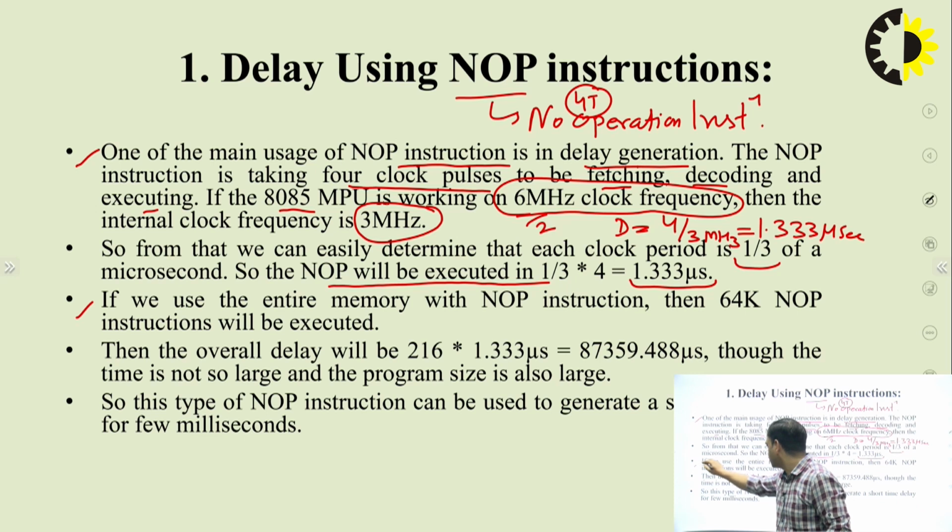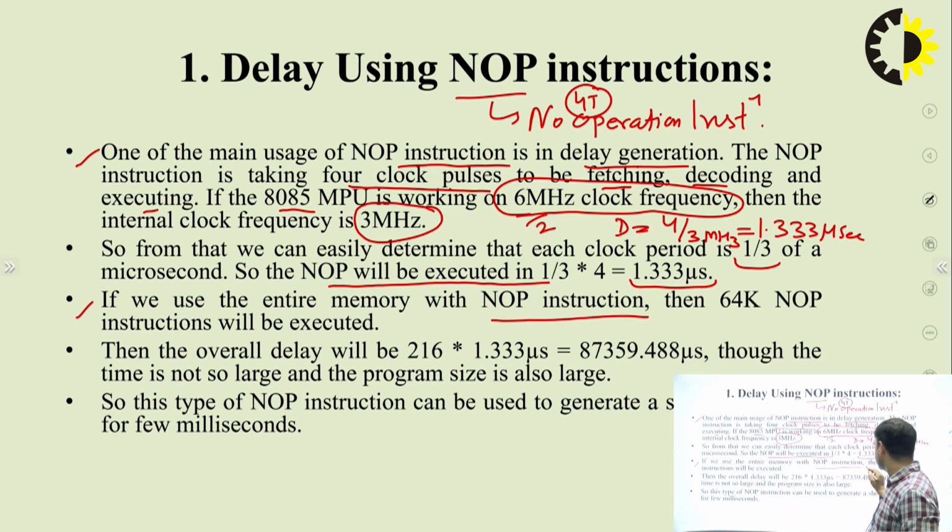If we fill the entire memory with NOP instructions, what is the memory size which can be accessed by the 8085 microprocessor? That is 64 kilobyte. So if we write the complete 64 kilobyte with NOP instructions, the total time delay to execute will be equal to 2 to the power 16 into 1.333 microsecond, and this value gives 87359.488 microsecond.